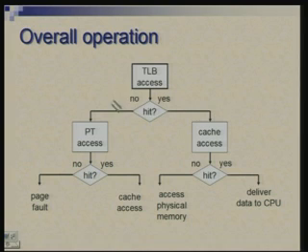So, suppose you have a miss here, a hit here, and then a hit here, then you have in the process done just one physical memory access, but you might have a failure here and you may have to make another physical memory access. So, two physical memory accesses are made here.